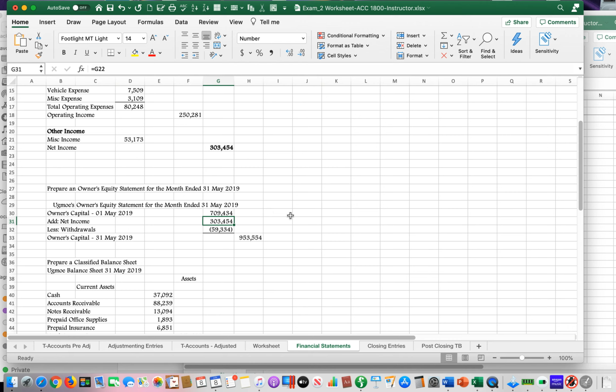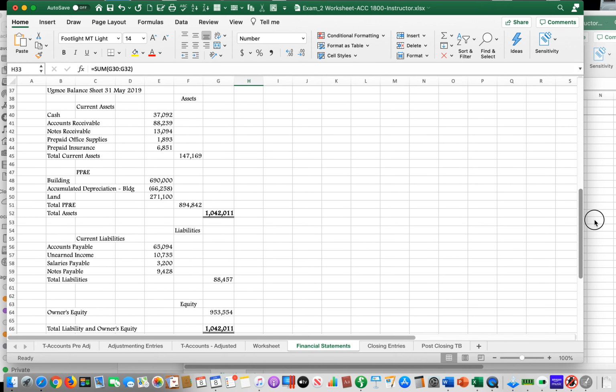You subtract net losses, you add net income, but you always subtract withdrawals. So this is the new capital, $953,554. Then we're going to construct a classified balance sheet, folks. Study this.